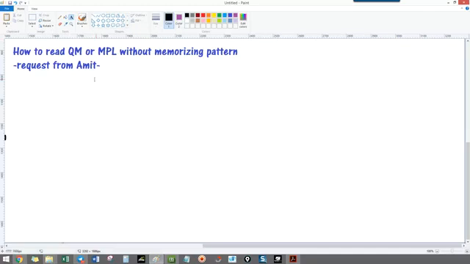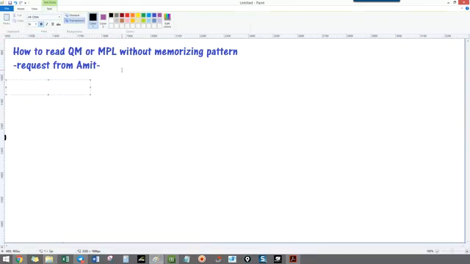Okay, so you need a few ingredients to read the market.